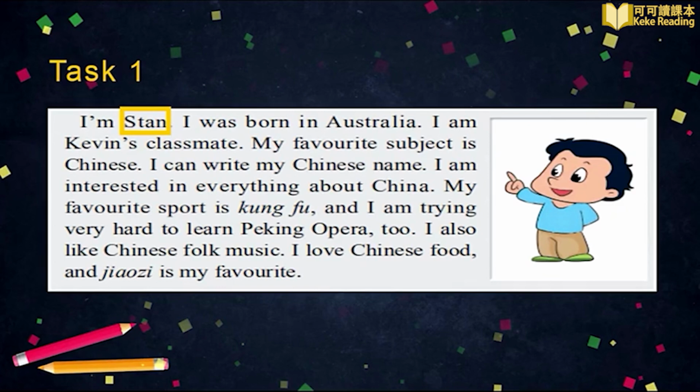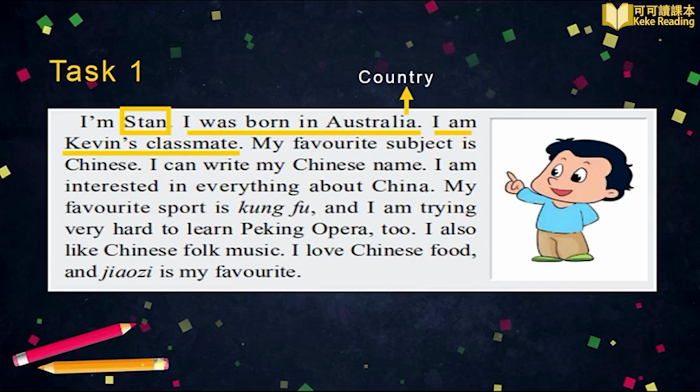Now let's find the information and underline them. I was born in Australia. 我出生在澳大利亚。So, the country which Stan comes from is Australia. I'm Kevin's classmate.